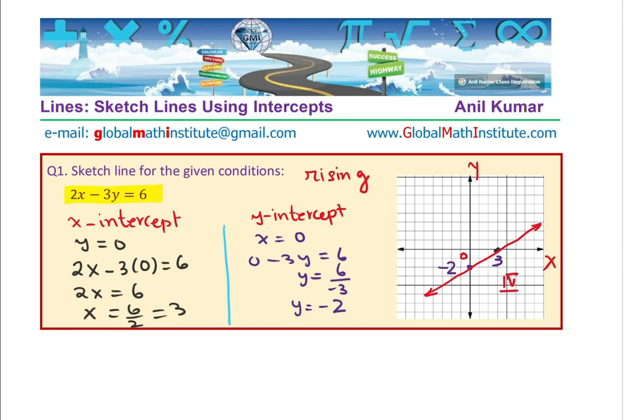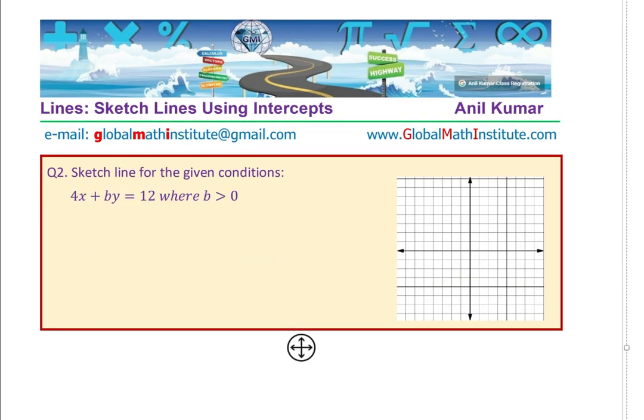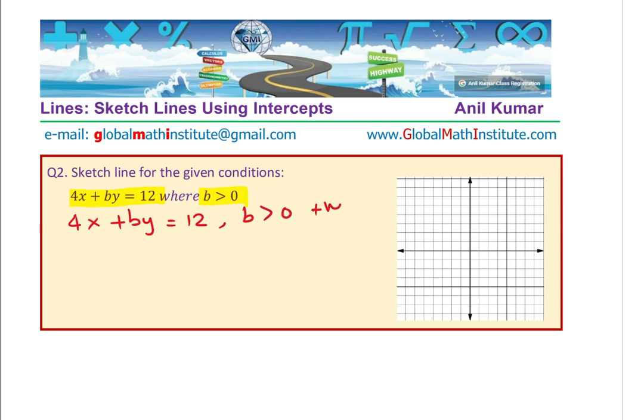Perfect. Now, if one of these coefficients is not given to you, then how do you sketch? That is the tricky part which you learn in this particular video. So now the line equation is given to you as 4x plus by equals 12, where b is greater than 0. Okay. So let's rewrite this equation, big and bold. We have 4x plus b times y equals 12, and we are given b is greater than 0, meaning positive, correct?